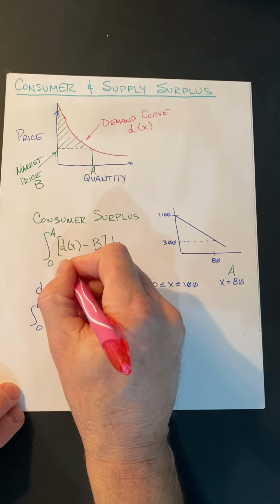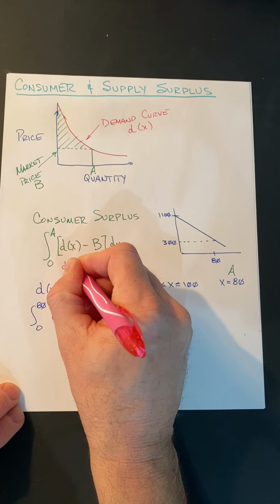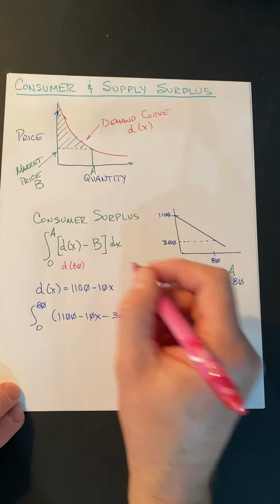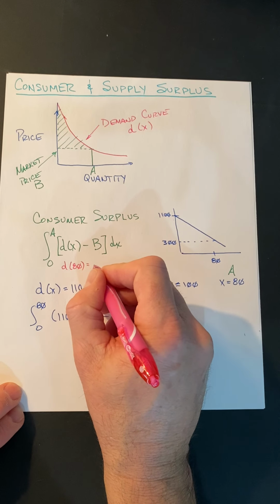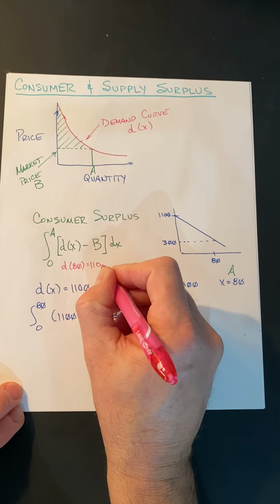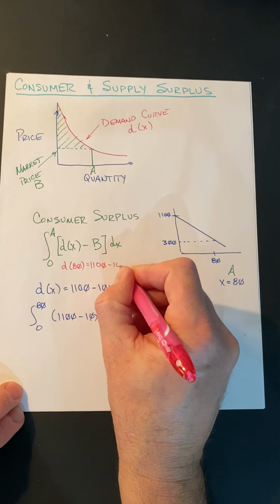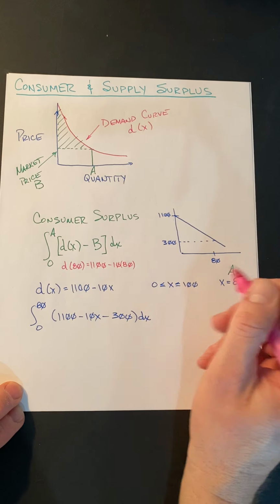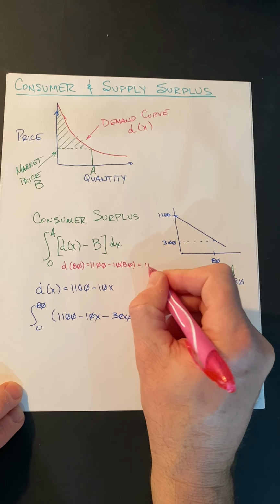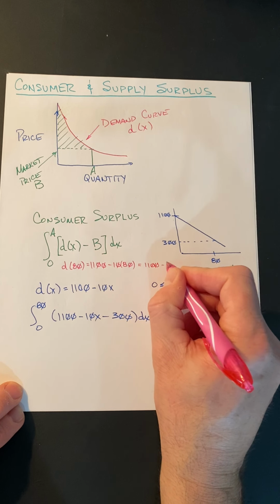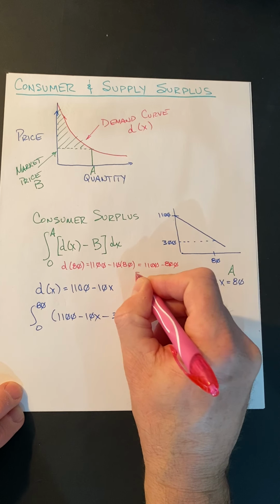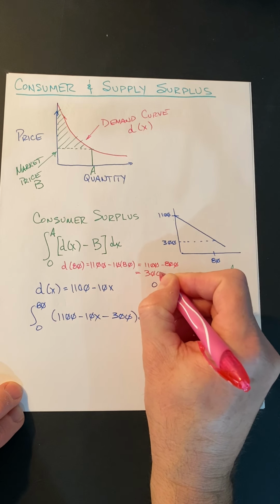So d of 80 is equal to 1100 minus 10 times 80, or 1100 minus 800, or my 300.